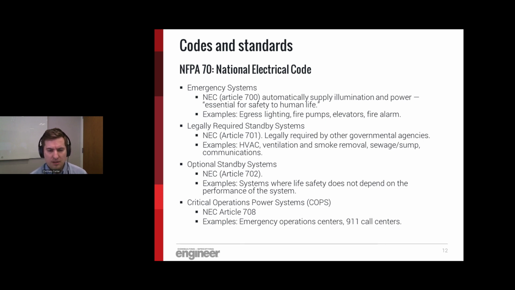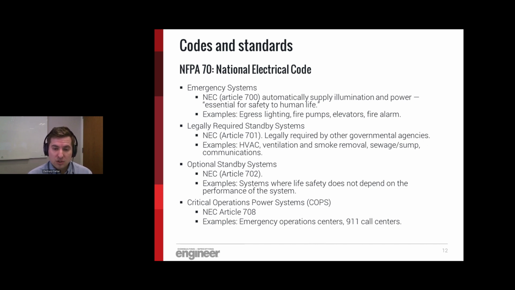These systems may also provide power for ventilation, fire detection systems, alarms, elevators, and fire pumps. These systems are supposed to come online within 10 seconds. And I should define what come online means in case I use that throughout this presentation. When I say come online, it means generator start and deliver power to the load terminals within that 10 seconds, just like that type was defined in NFPA 110.